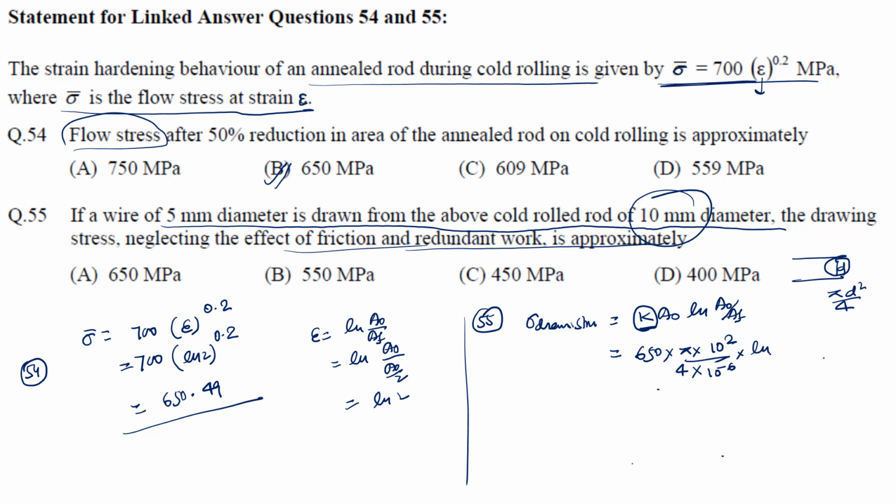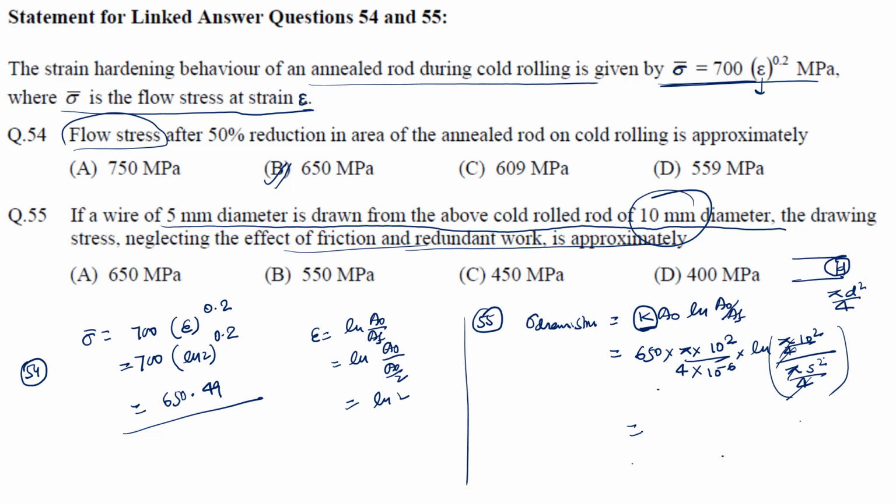So A naught will be pi d square, that means pi 10 square by 4, divided by the final area pi 5 square by 4, right? So 4 and pi cancel. Till now it is fine, everyone?